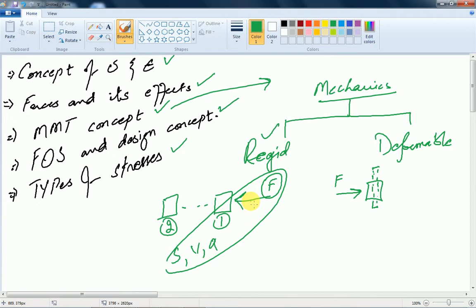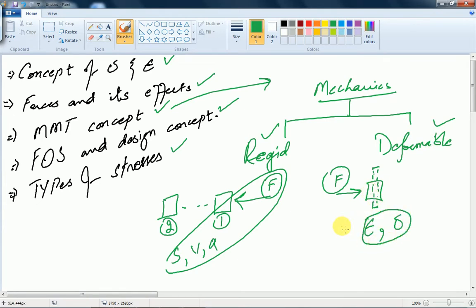And for deformable body mechanics, we study forces and its effects. The first effect is deformation, which we relate with the word strain, and the other effect is internal stress. So in deformable body mechanics, or mechanics of materials, these two effects are within the material.